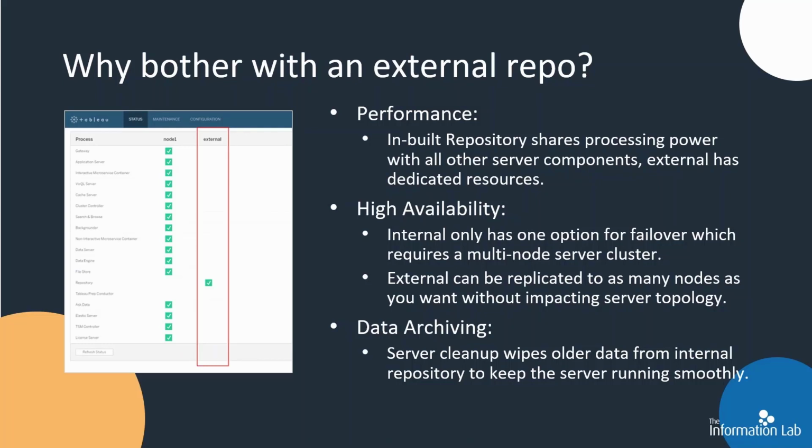There is a particular table in there, which is the HTTP requests table. This can balloon out to a very large size because, as I mentioned earlier, every single request that's being sent to the server is being recorded. So when you run a server cleanup, it's going to get rid of older data. That's by design, because it keeps your Postgres repository lean and running nice and fast without storing loads of data in there.